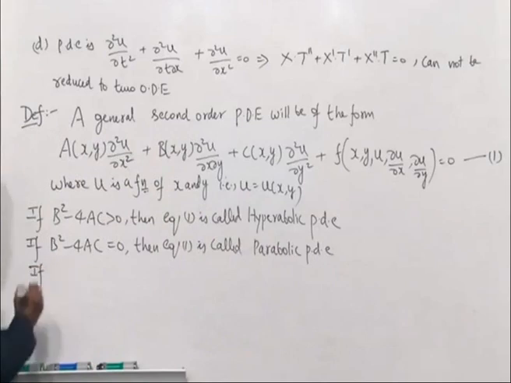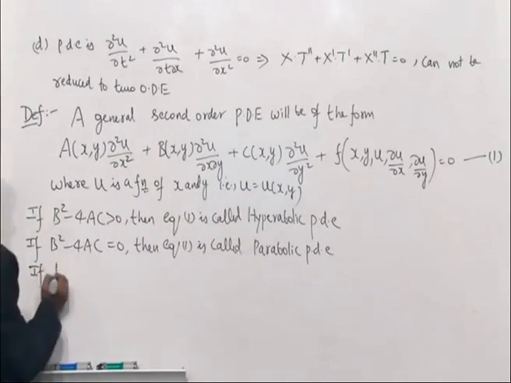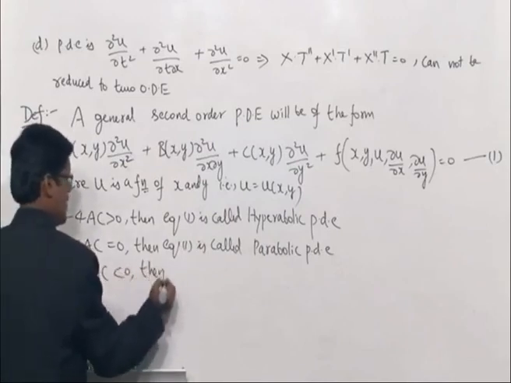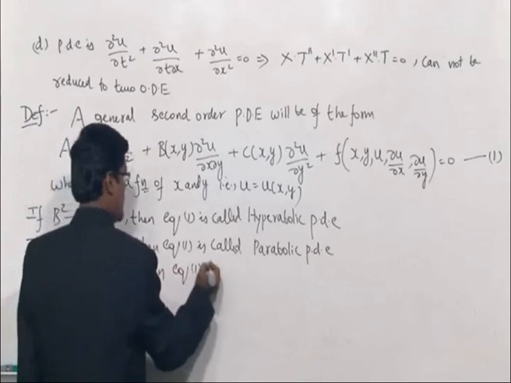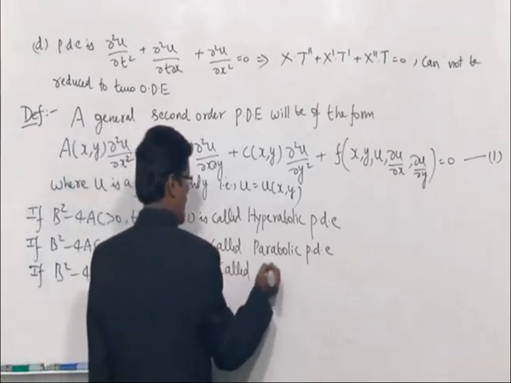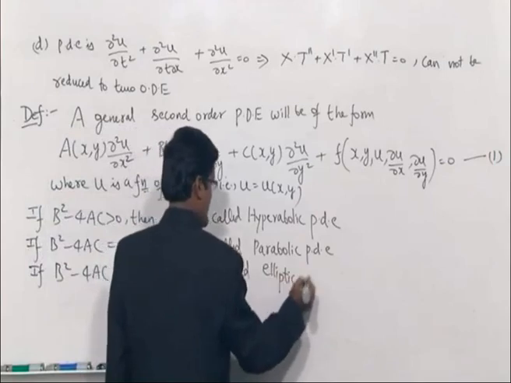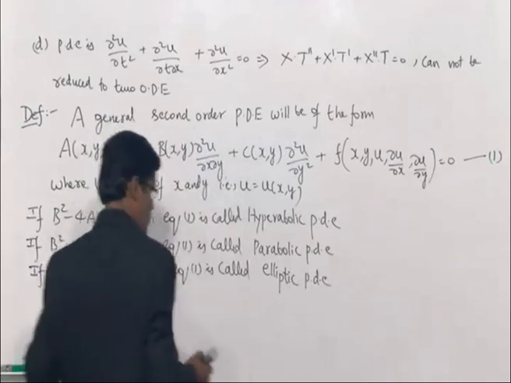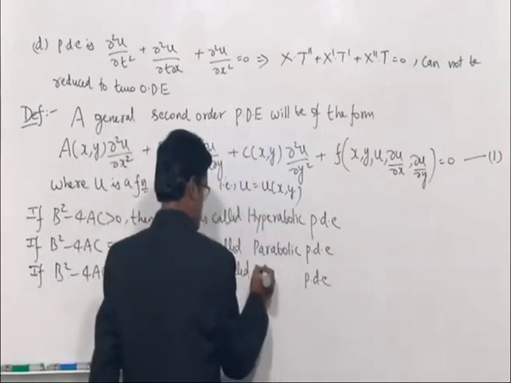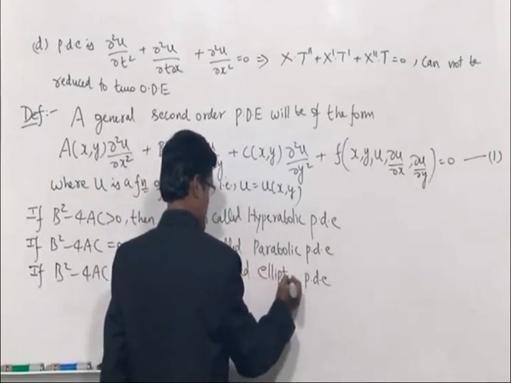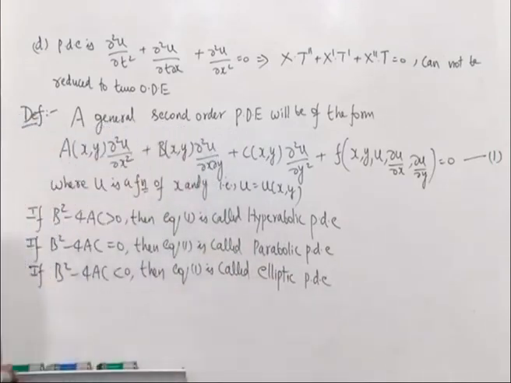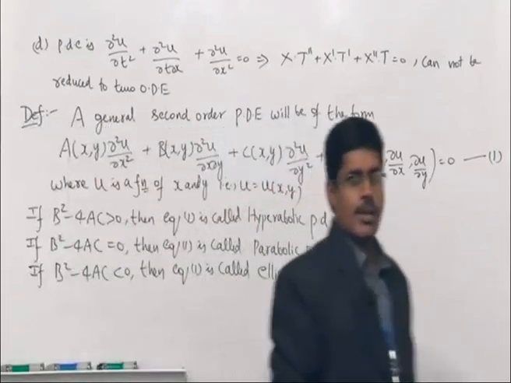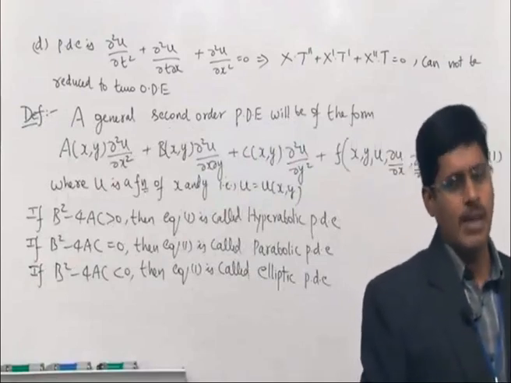If b square minus 4ac is less than 0, then equation 1 is called elliptic PDE. So parabolic, hyperbolic, elliptic PDE. Second order hyperbolic PDE, elliptic PDE, parabolic PDE.